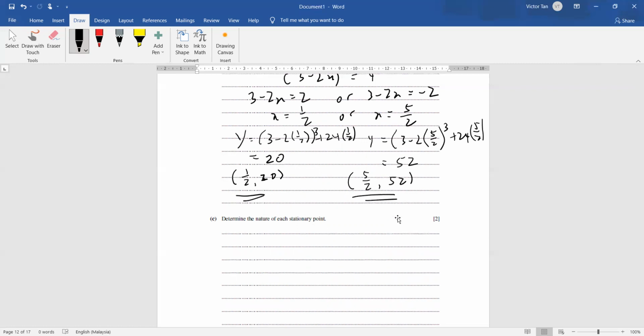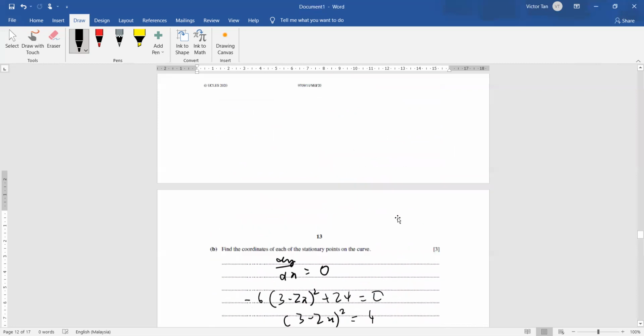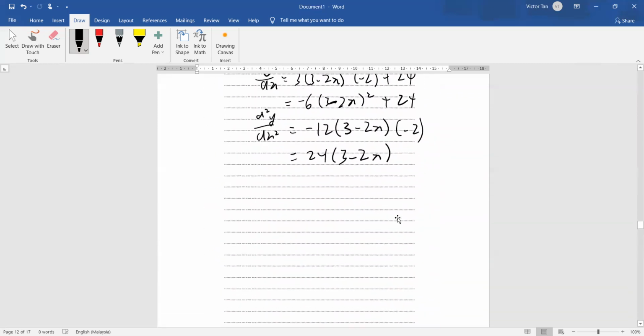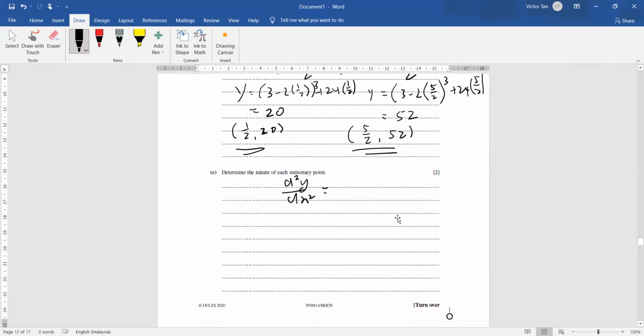Determine the nature of each stationary point. For this you will have to use the second differential, which is 24 times 3 minus 2x. At x equals half, d2y/dx2 equals 24 times 3 minus 2 times half, which is 48.